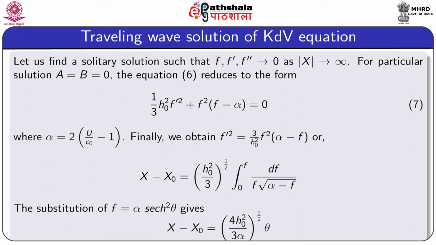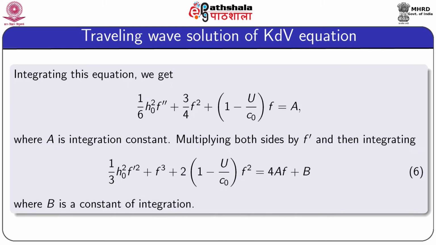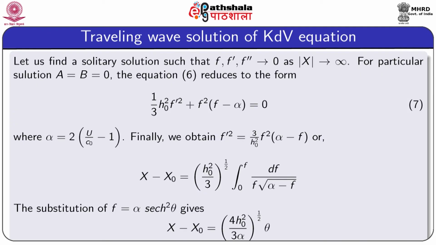So, under this condition, in equation 6 we put A equals 0 and B equals 0. So, it reduces to 1/3 H0 squared f' squared plus f squared into (f minus alpha) equals 0, where alpha is a constant equals 2 into u by C0 minus 1.